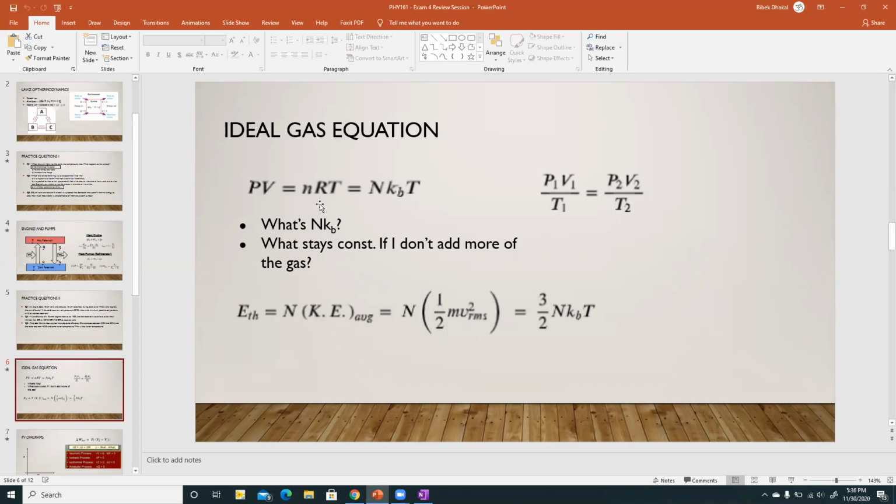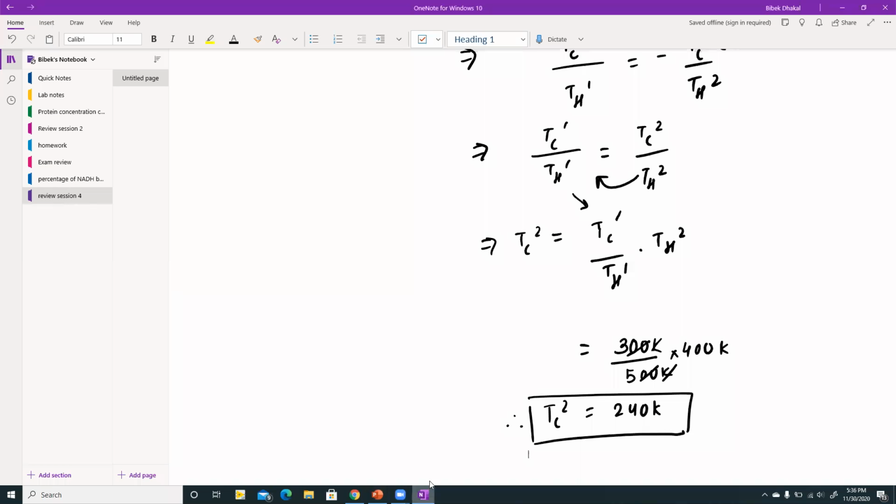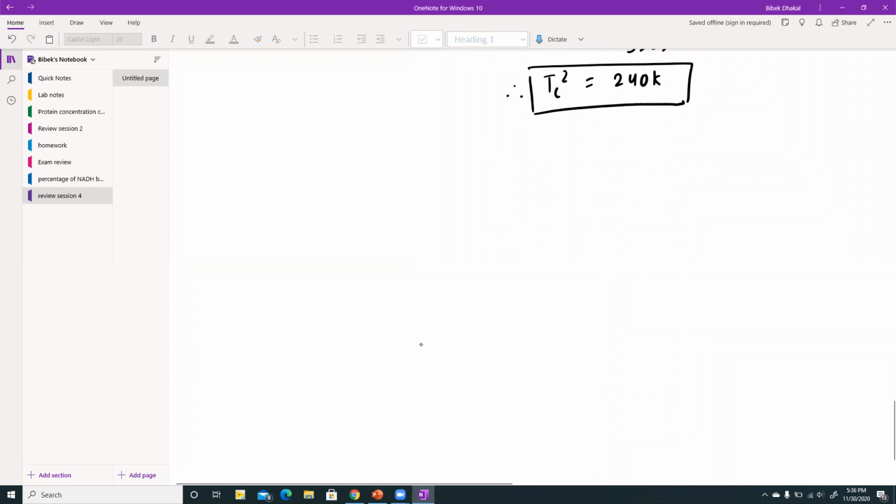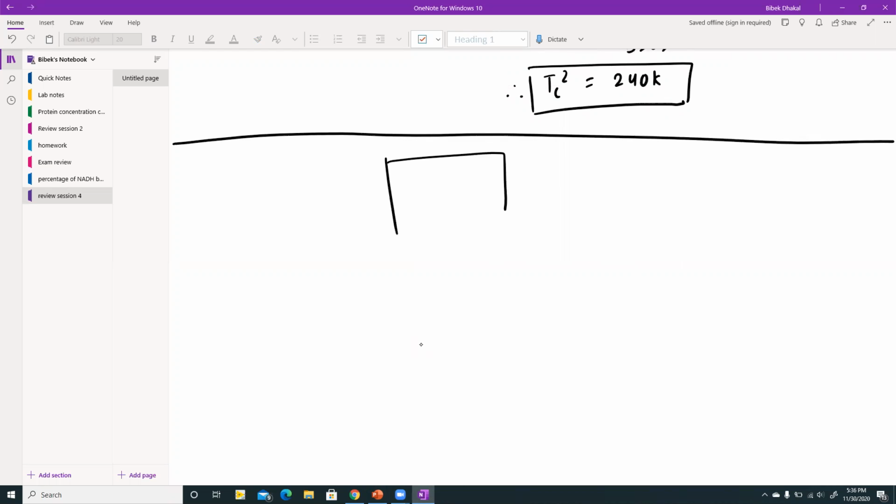So let me talk about that a little bit. What's the difference between small n and the large N? If you have a box, let's suppose, and you have hydrogen gas or any gas inside it, and you somehow have 6.023 times 10 to the 23 atoms or molecules, then this equals 1 mole.